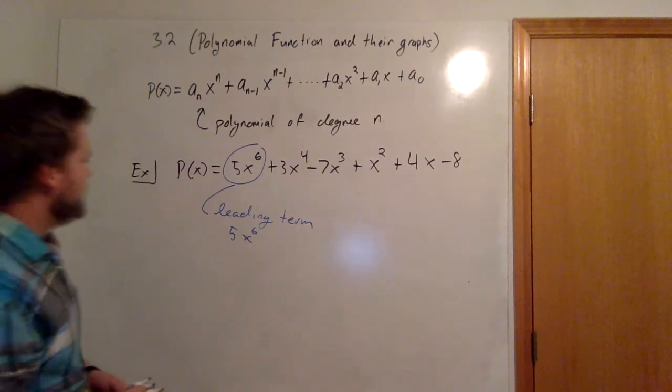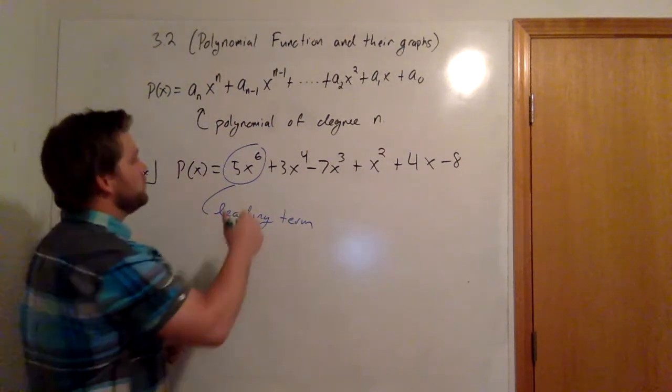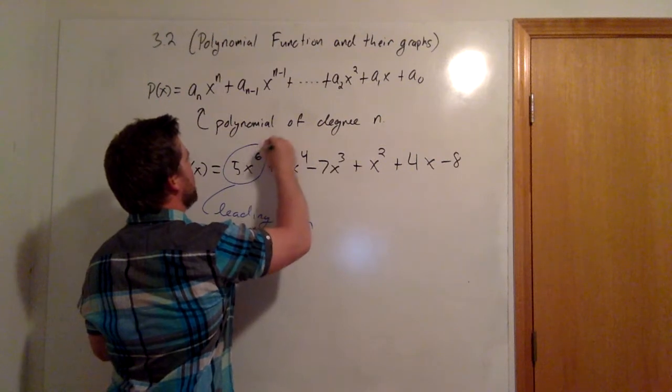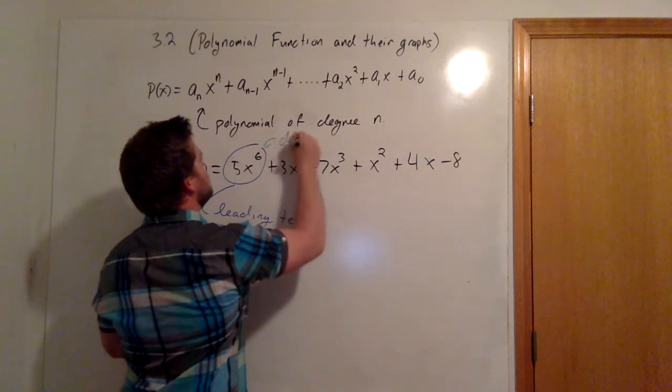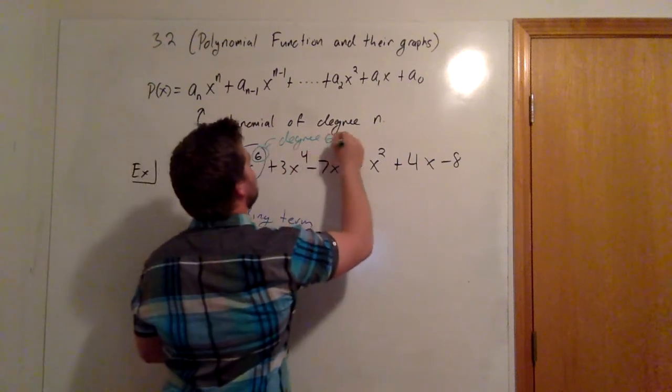Okay. Now, the leading term, again, is the term that has the highest power. So since the highest power is a 6, we would call this a degree, and I'll circle the 6, a degree 6 polynomial.